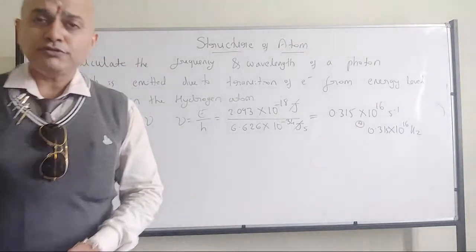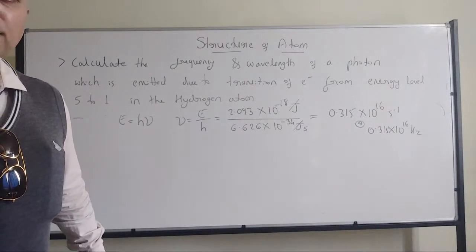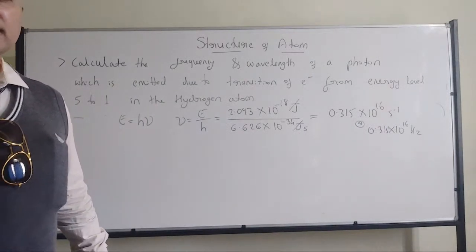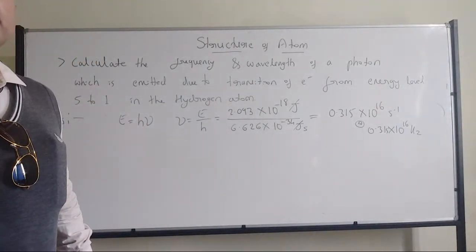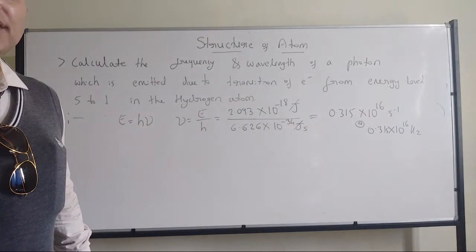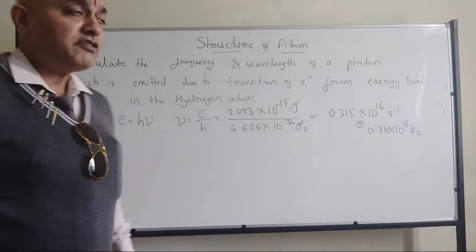So what else we have to do? We have to calculate the wavelength. Can any one of you tell me how to calculate wavelength? Which equation should I use? We have calculated frequency.